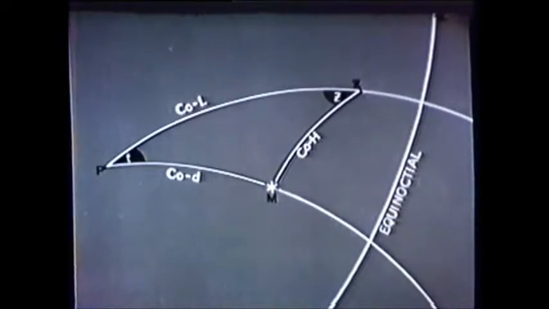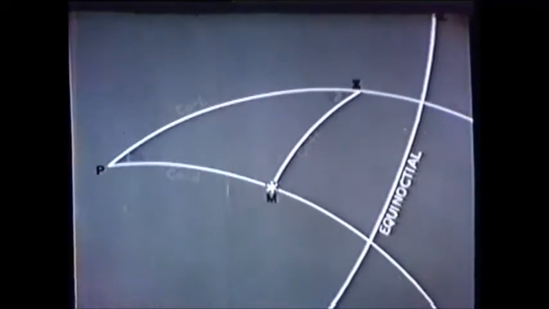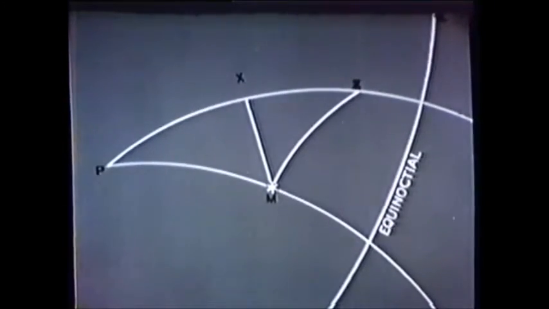First, by dropping a perpendicular from the position of the body, M, to the local meridian, PZ. This will give us two right spherical triangles, PMX and ZMX. In this triangle, we have the angle T and the sides MP, the co-declination or polar distance, PX equal to co-K, and R, the perpendicular distance from M to PZ.